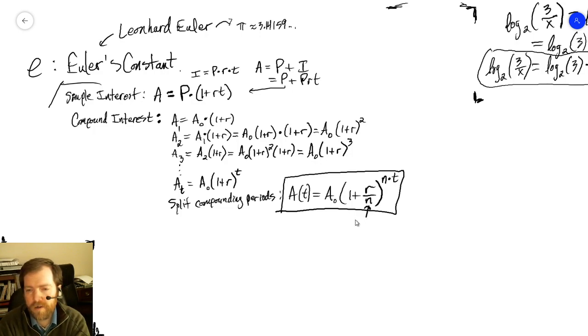The R over N is what's called the periodic interest rate. And NT is going to be the total number of compounding periods.